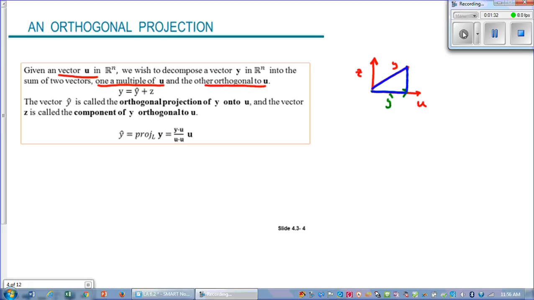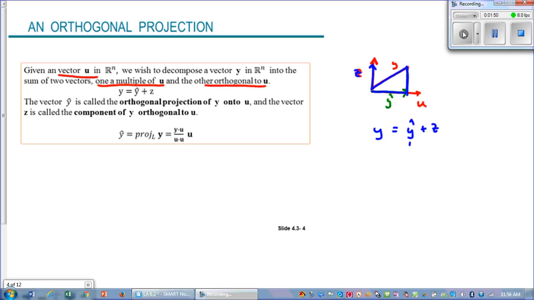But this vector z, it doesn't matter if I place it here or if I place it over here. So what this shows me is that y hat plus z will be equal to y.